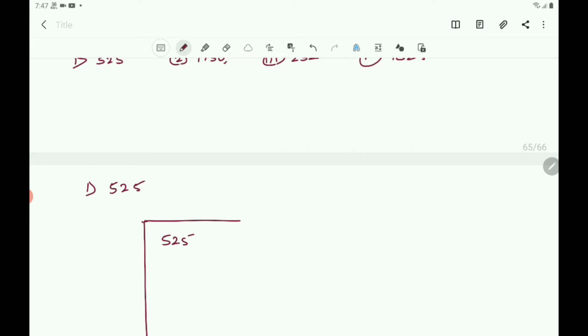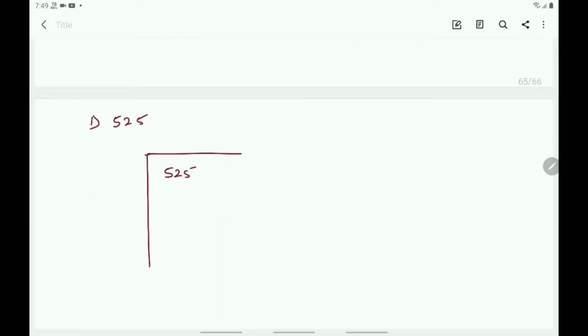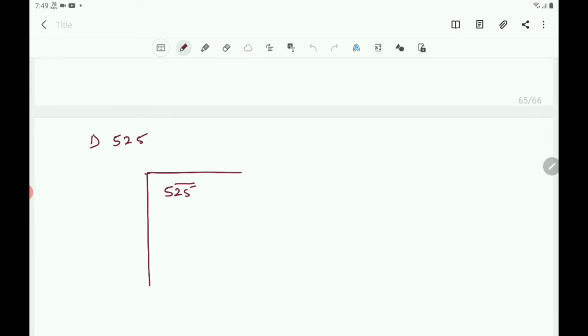Here there are 3 digits. The first bar is for 25. So put the bar for 25. Next only one digit, 5, is remaining, and put the bar for 5.